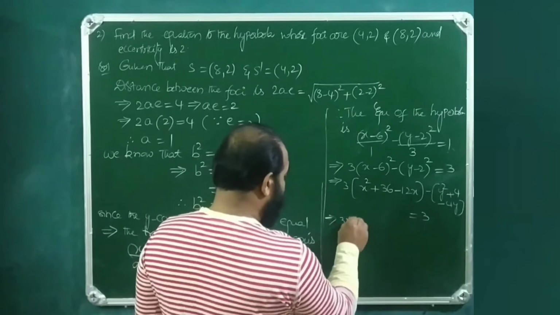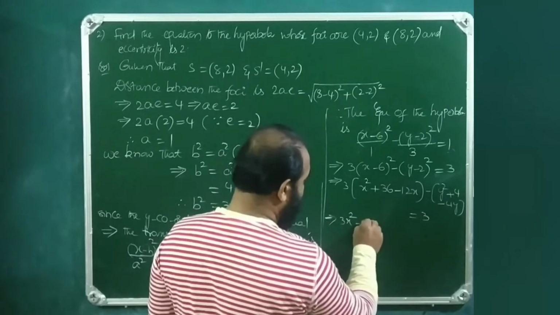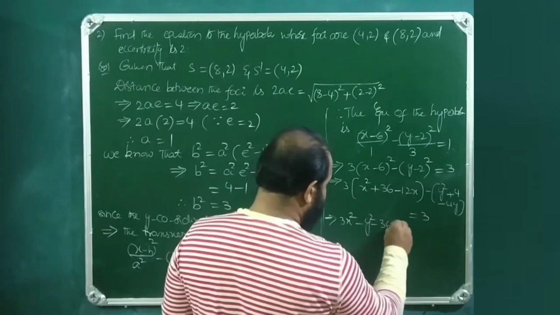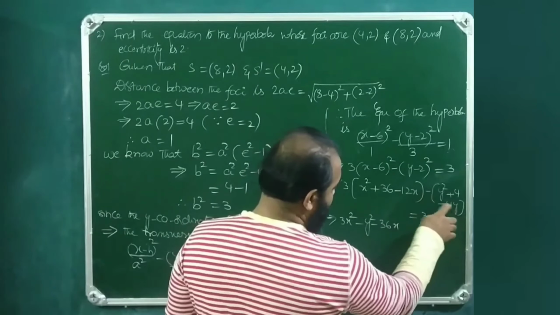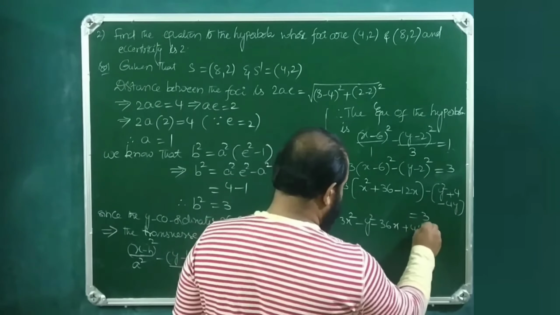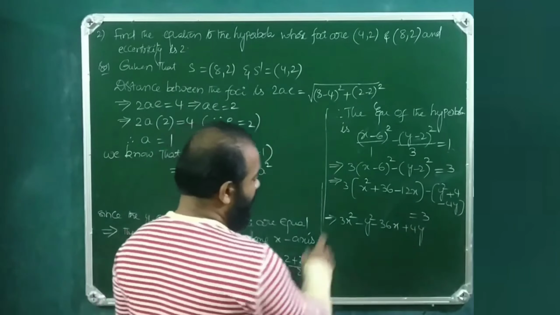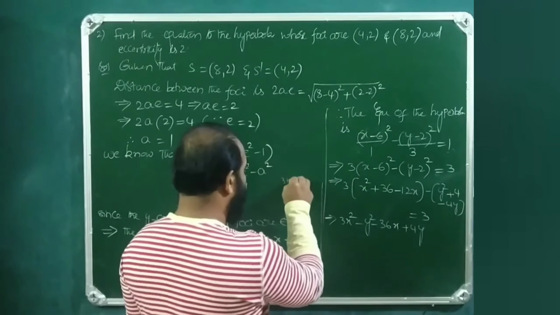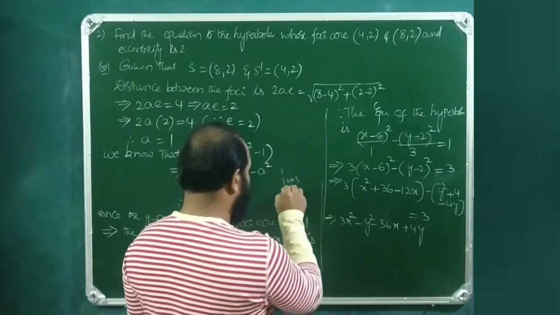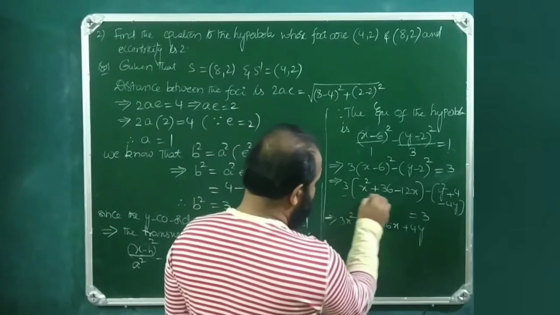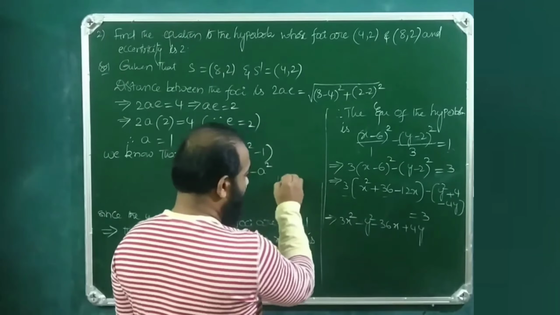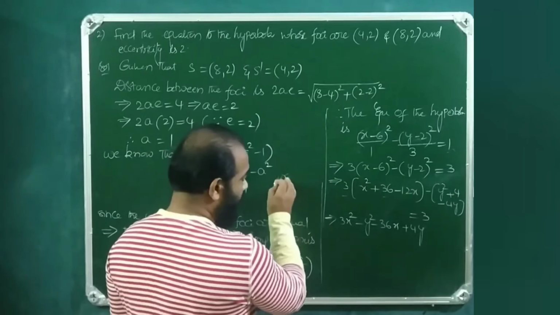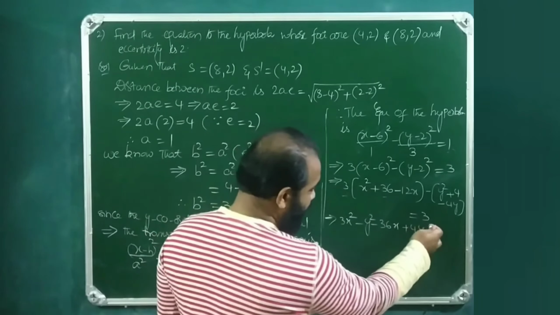So this is 3x square minus y square, minus 36x plus 4y. 3 times 36 is 108, minus 4 is 104, plus 3.